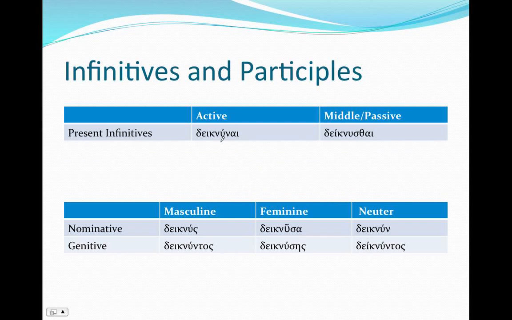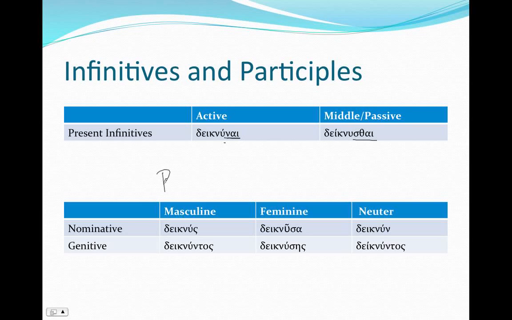The only catch is that the present active infinitive, to show, has a different ending, nai. So δεικνύναι. This looks a lot like the aorist passive, doesn't it? And δείκνυσθαι, there's our sthai. We've learned this middle passive infinitive already. We add it just right onto the stem.